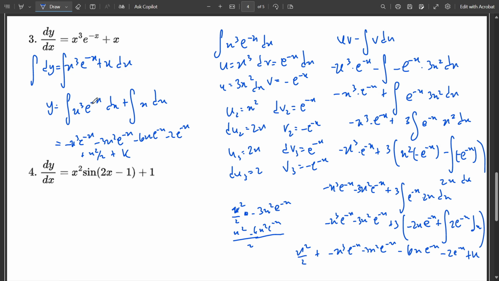So yeah, these two will produce a constant, but we can combine the constant into a general constant. So yeah, we just have one constant. Okay, so this is our y.